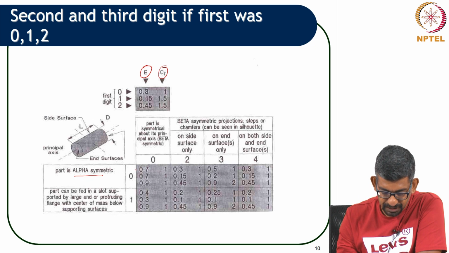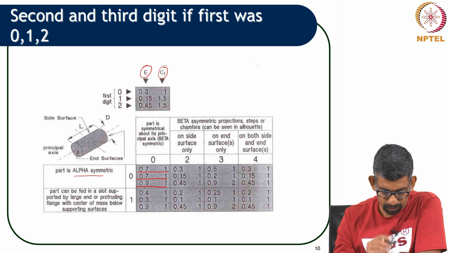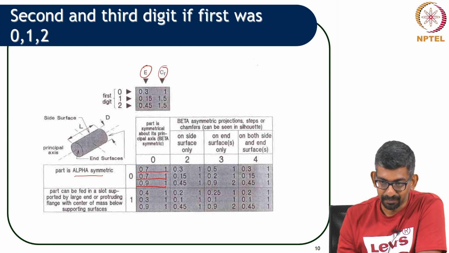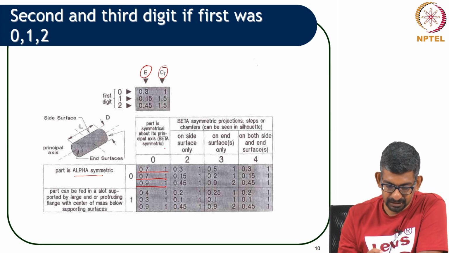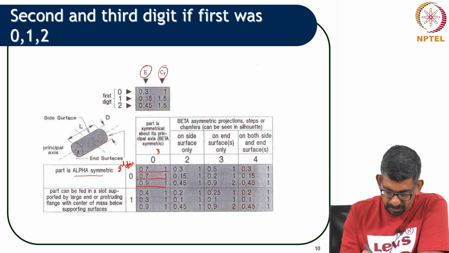So, if your first digit was 0, then you take this row. If your first digit was 1, you take this row, and if your first digit was 2, you take this row. So, I will repeat this again. This chart is for your second digit and your third digit. This is your second digit and this is your third digit.